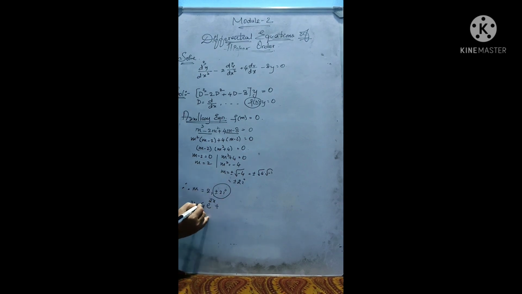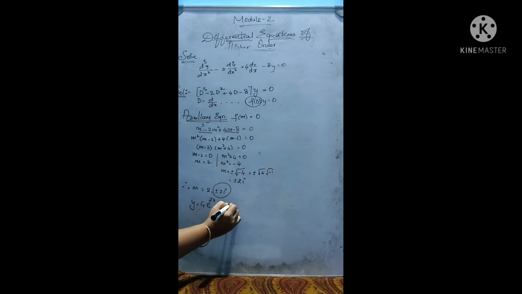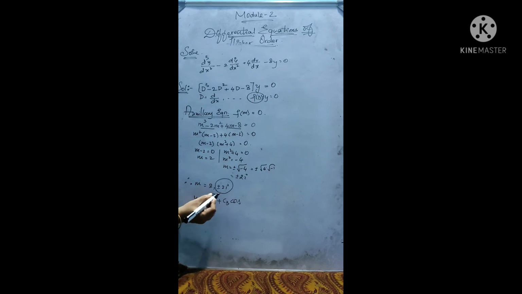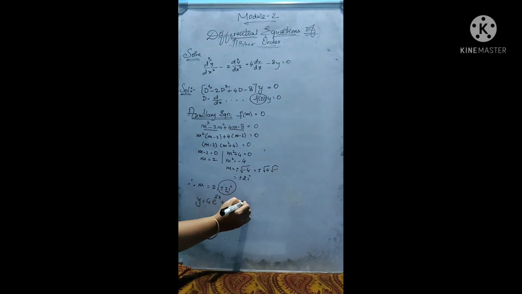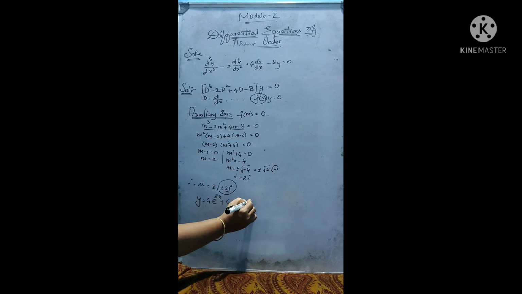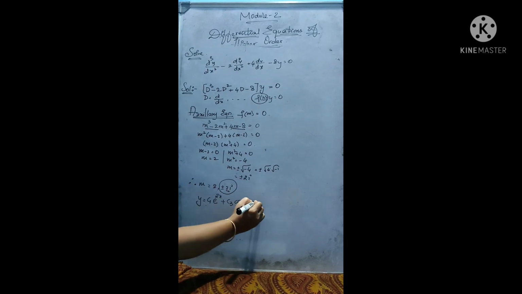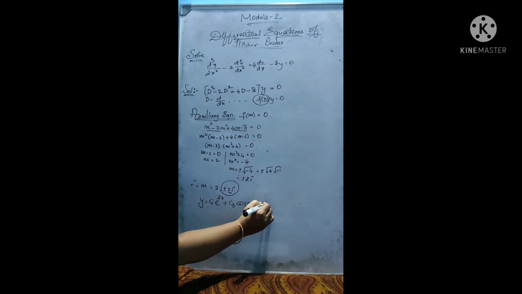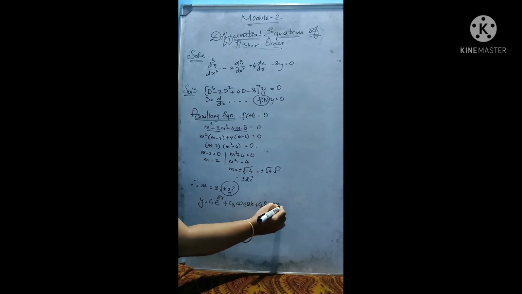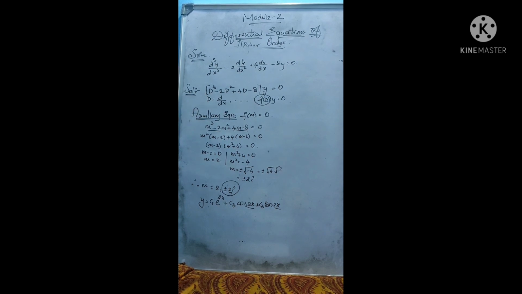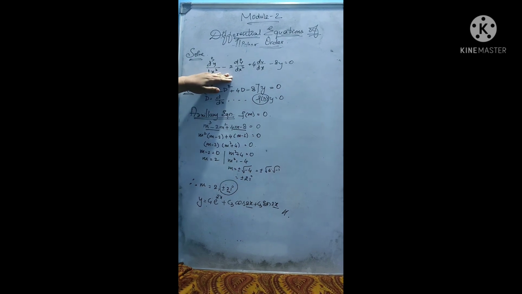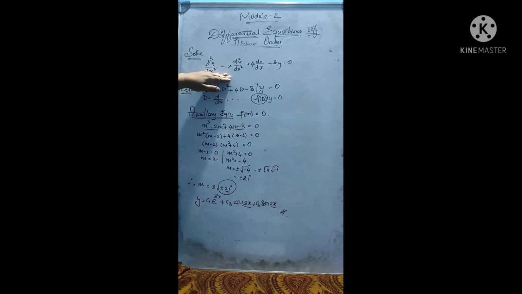Instead, directly after C1 we have C2 cos, and this imaginary part should go as a coefficient of x here. So cos 2x plus C3 sin 2x. Both the terms should come, but the angle for cos and sin is always the same. Understood? So this is called the general solution for the given linear differential equation.